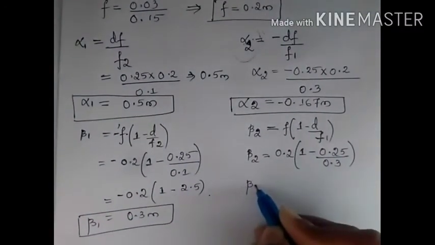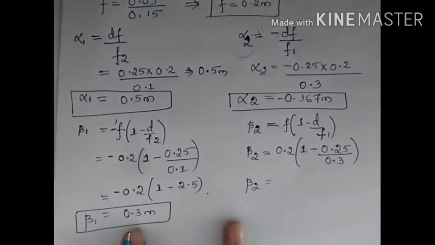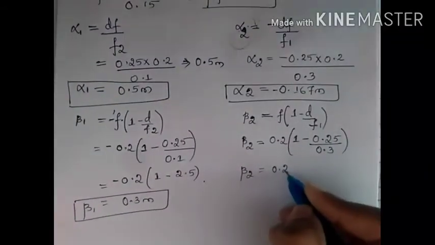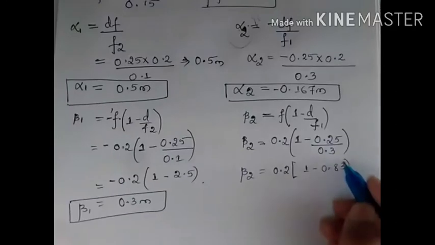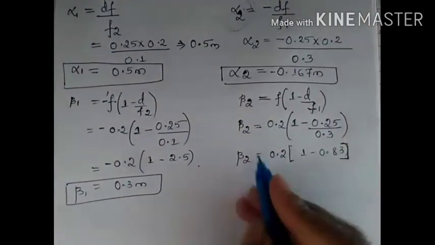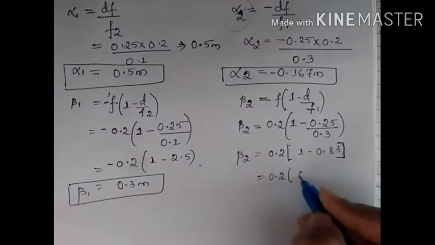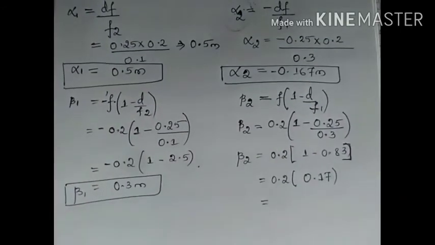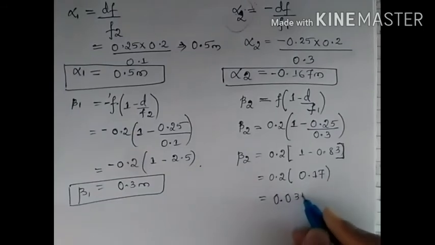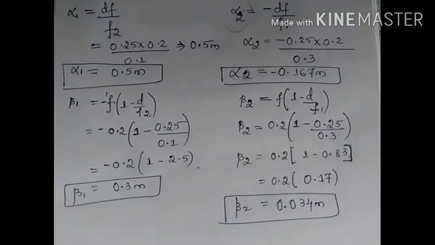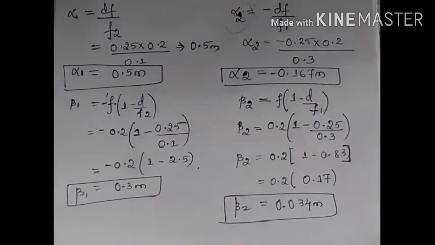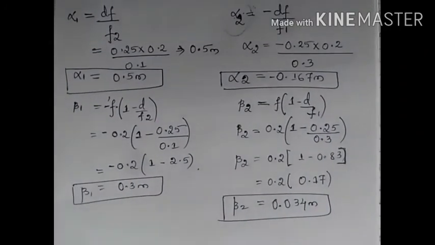Now if you solve the terms in the bracket, you get 0.2 multiplied by 1 minus 0.83. So this is equal to 0.2 multiplied by 0.17, that is equal to 0.034 meters. So beta 2 you got as 0.034 meters.